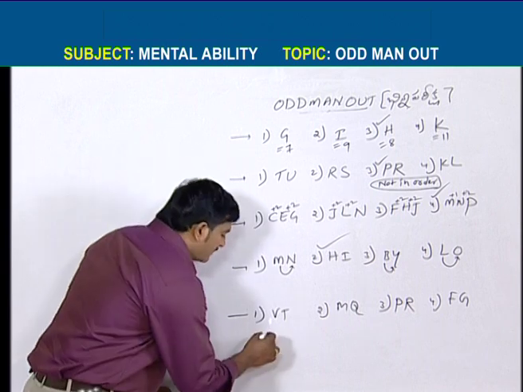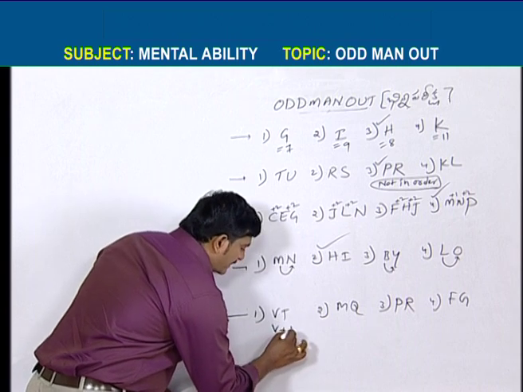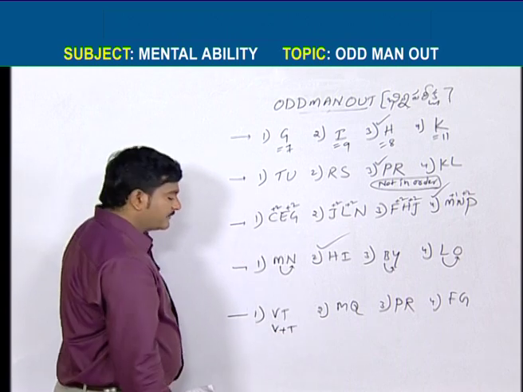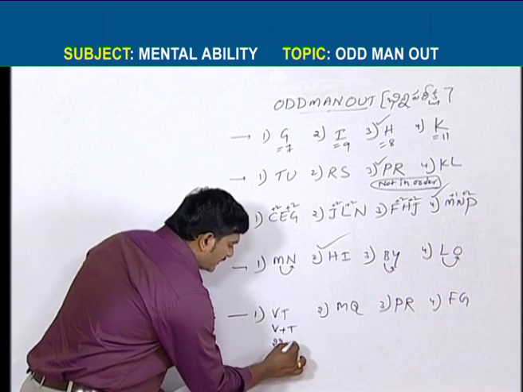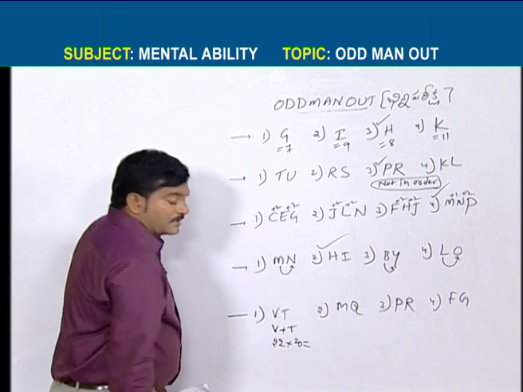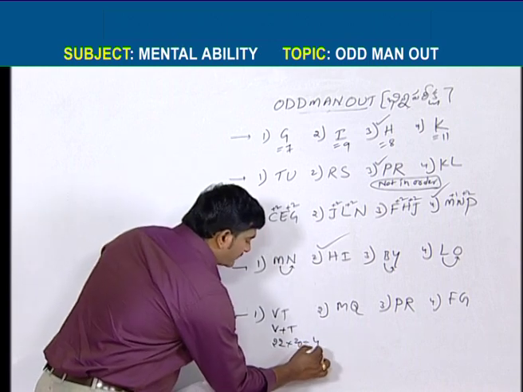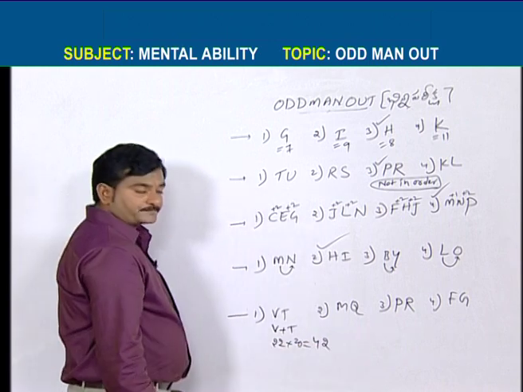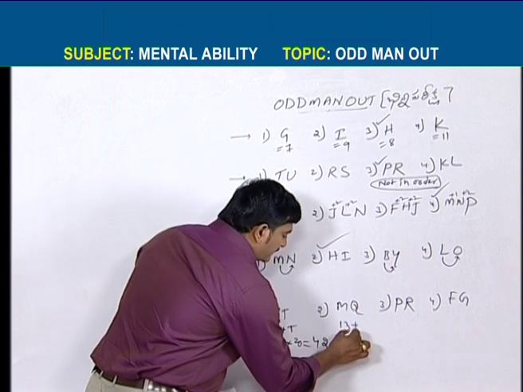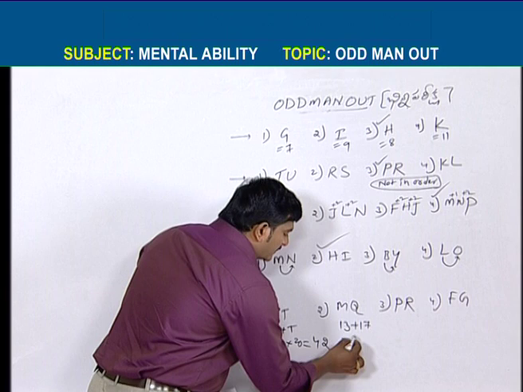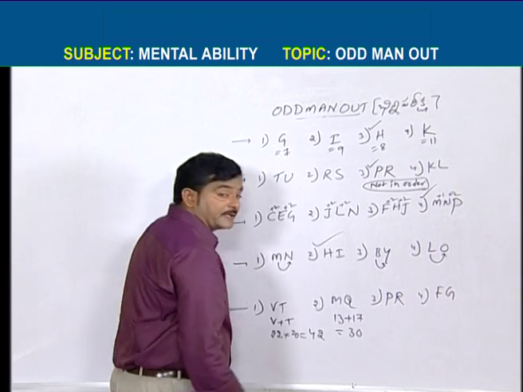See, observe here, I am finding the V plus T value. V means how much? 22. T means how much? 20. 22 plus 20, how much am I getting? 42. Similarly, MQ. M means 13, Q means 17. 13 plus 17, I am getting 30.